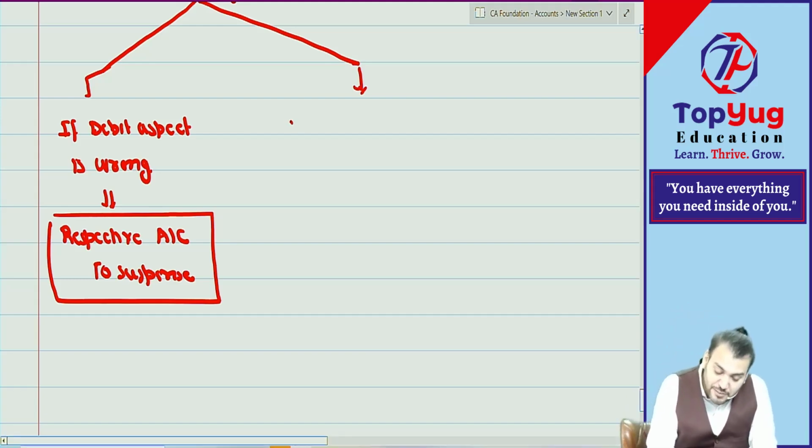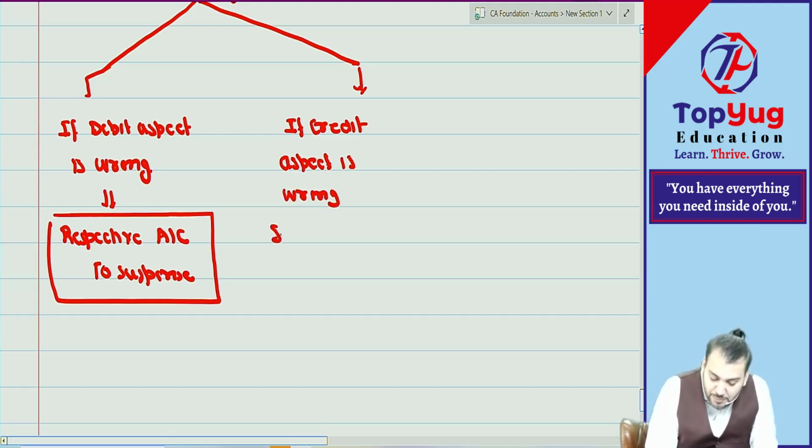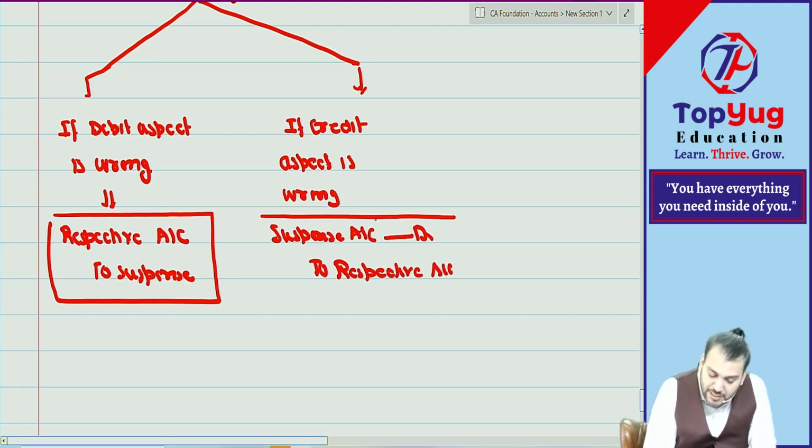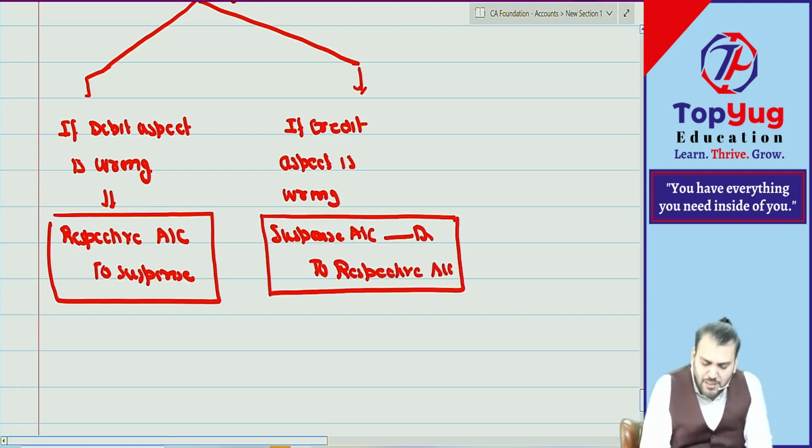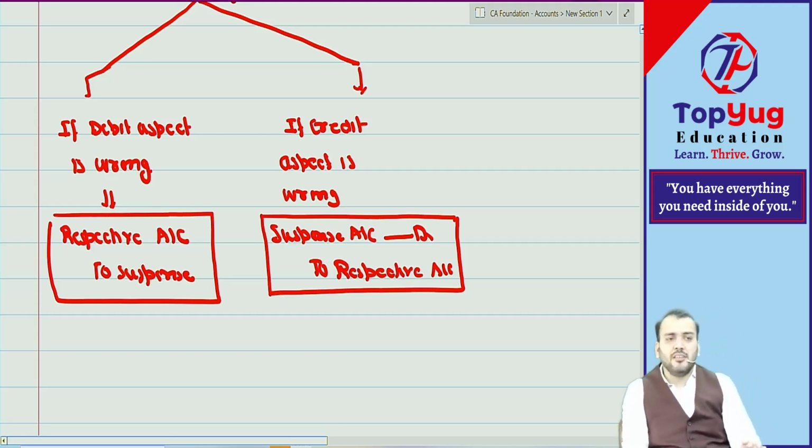And if credit aspect is wrong, then suspense account debit to what? Now have you understood? Everyone will respond. But guys, it's very simple because you can easily find out which aspect is wrong.